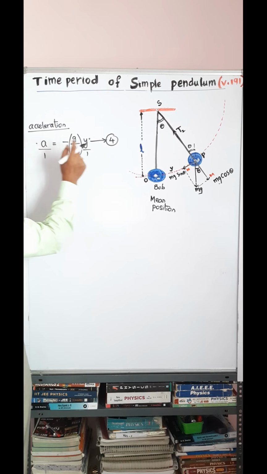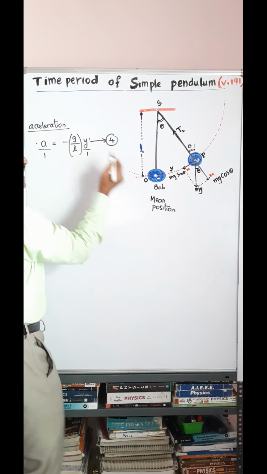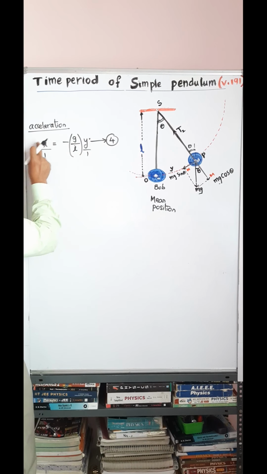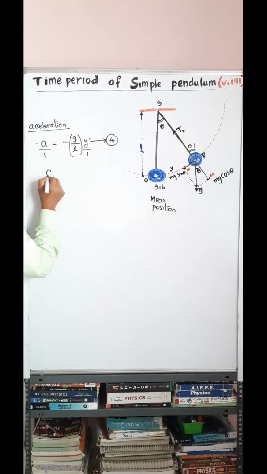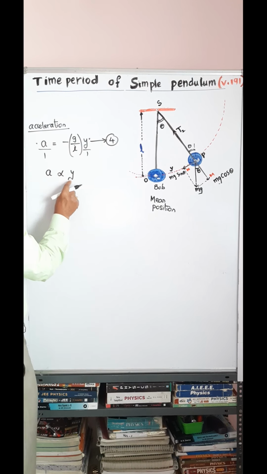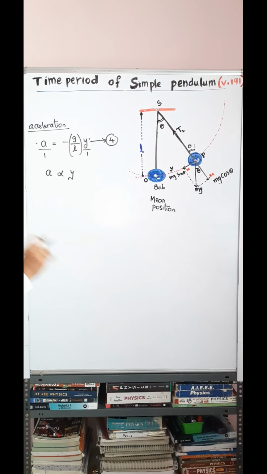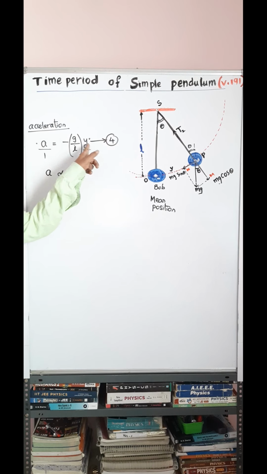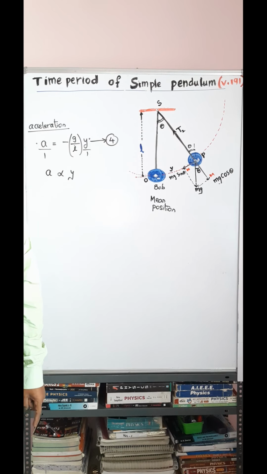Both are in the numerator. Acceleration is directly proportional to the displacement. And the minus symbol indicates that acceleration and displacement are in opposite directions.